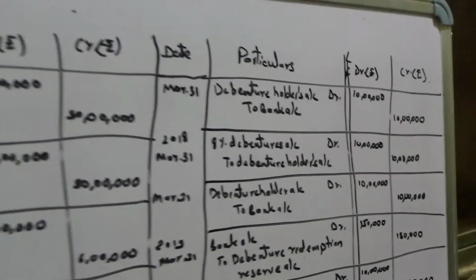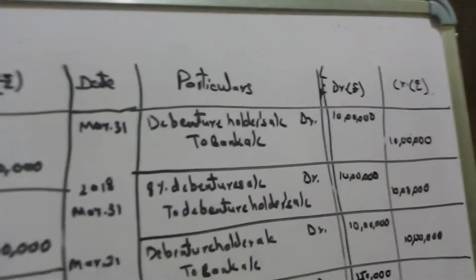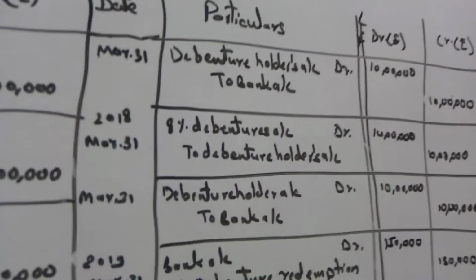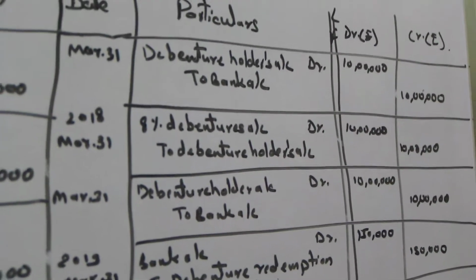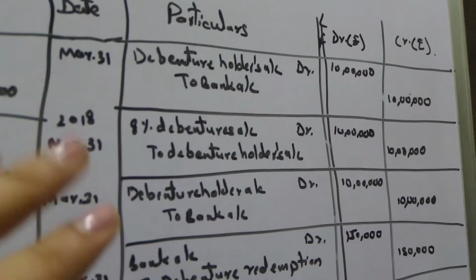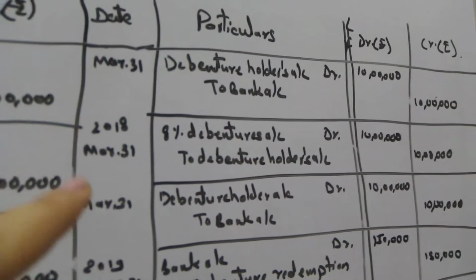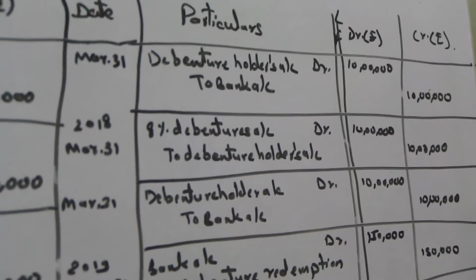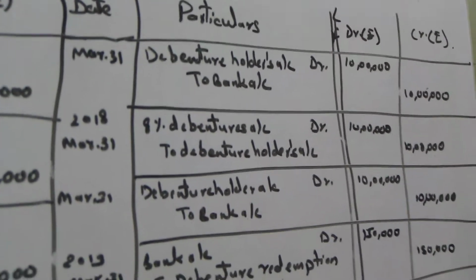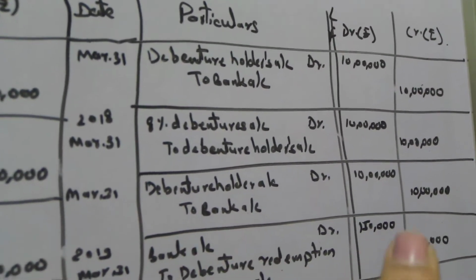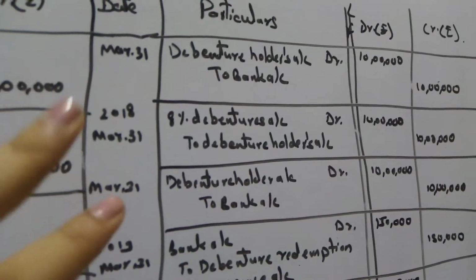Then on 31st March the same year 2017, debenture holders account debited to bank, that means 10 lakh is paid off. 2018 again the same entry. This is the fourth year because 5 equal installments we have to pay. Fourth year 8% debentures account debited to debenture holders account 10 lakh and debenture holders account debited to bank 10 lakh paid off. So till here fourth year completed.